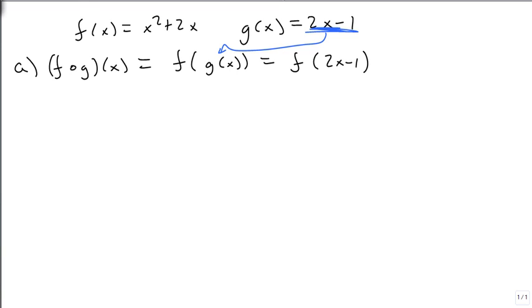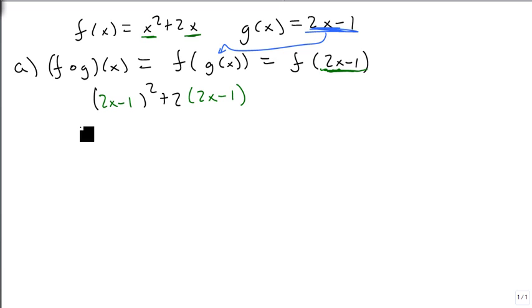And remember that wherever we see an x here, we replace it with what's in parentheses. So this becomes (2x minus 1) squared plus 2 times (2x minus 1). So g of x has replaced x in the f of x.